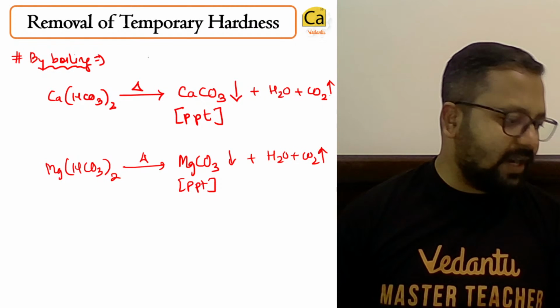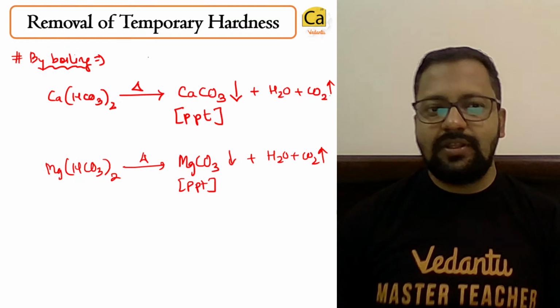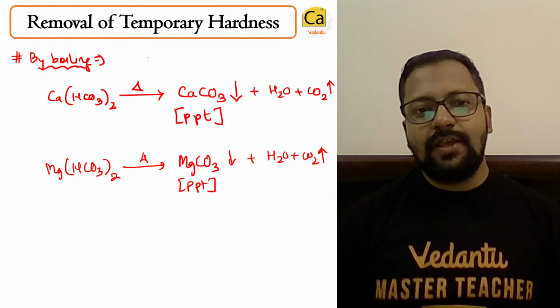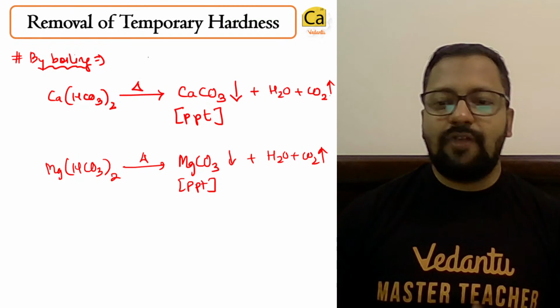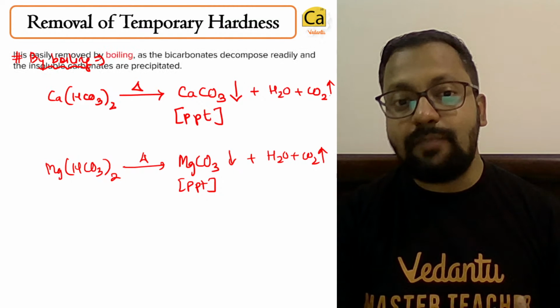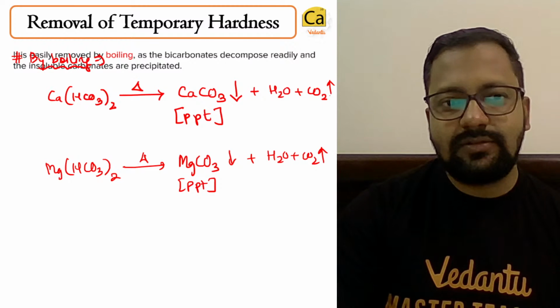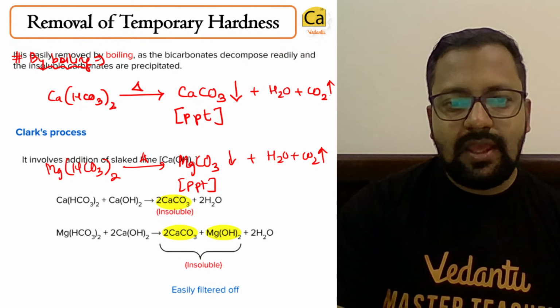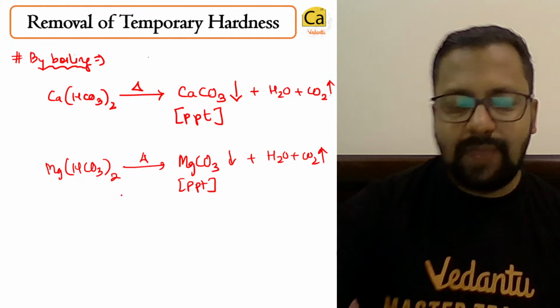So removal of temporary hardness is done by boiling. Removal of permanent hardness will require certain important methods.